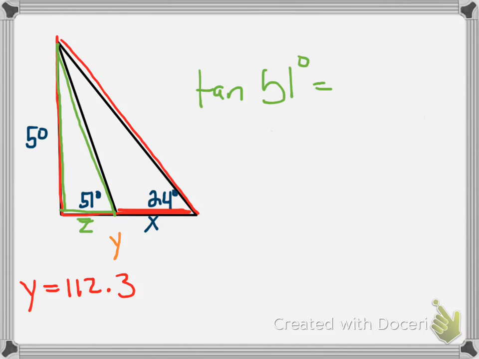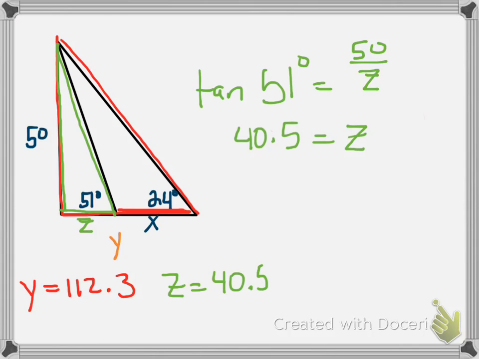Opposite over adjacent is going to be 50 over z. And to solve for that, we're going to take 50 and divide it by the tangent of 51. And we get z is equal to 40.5.